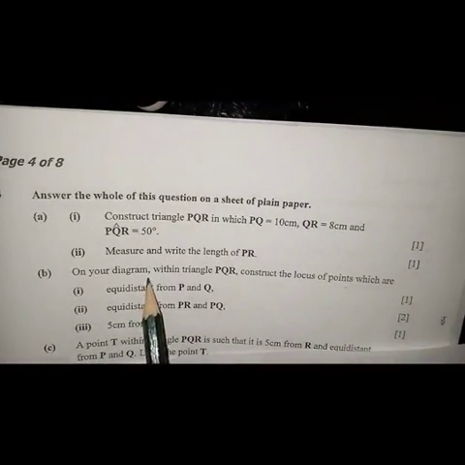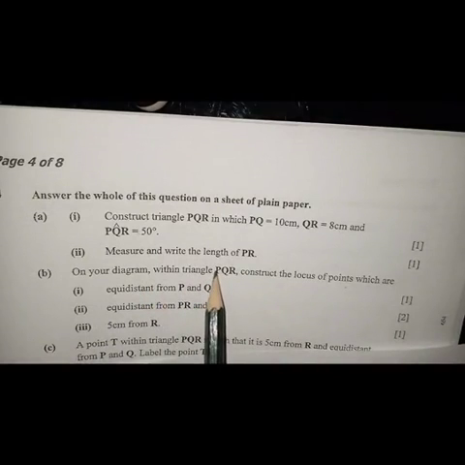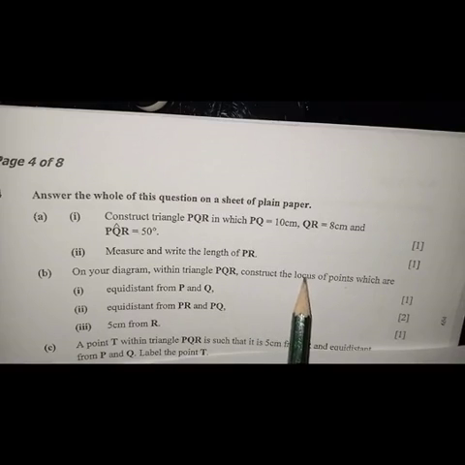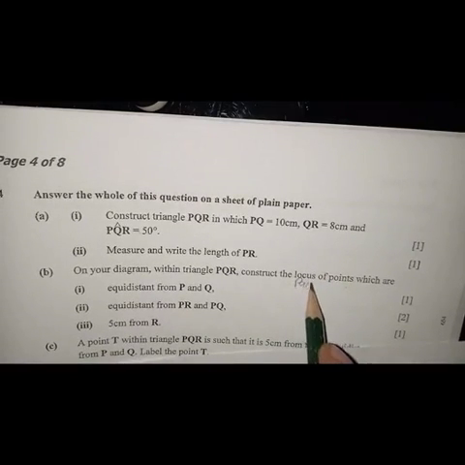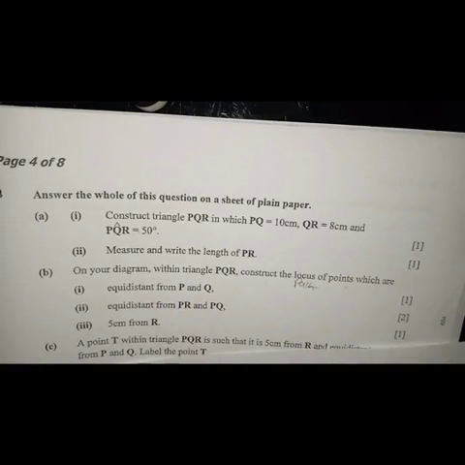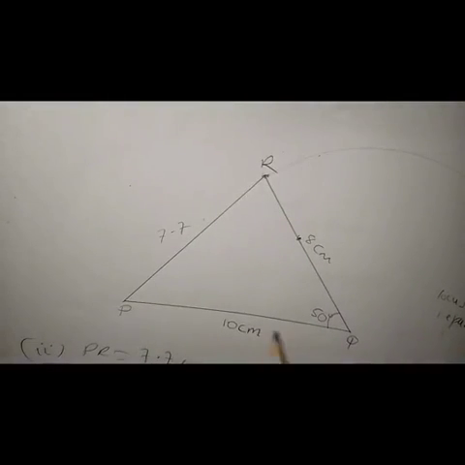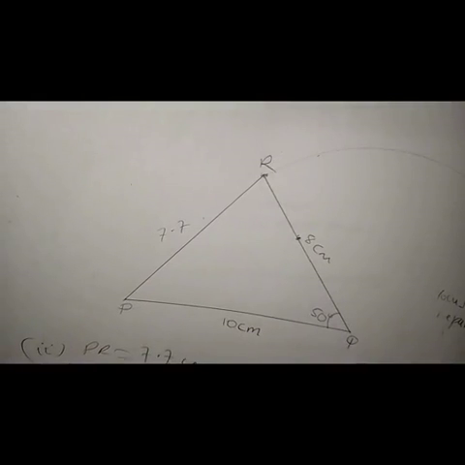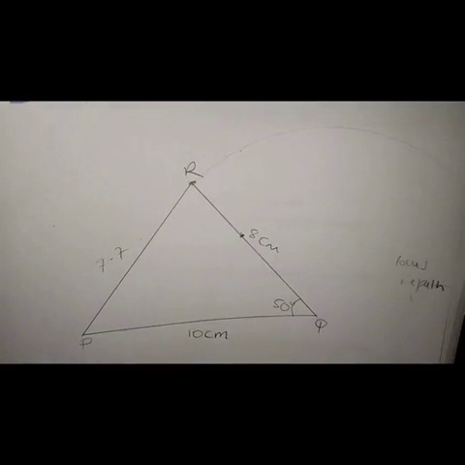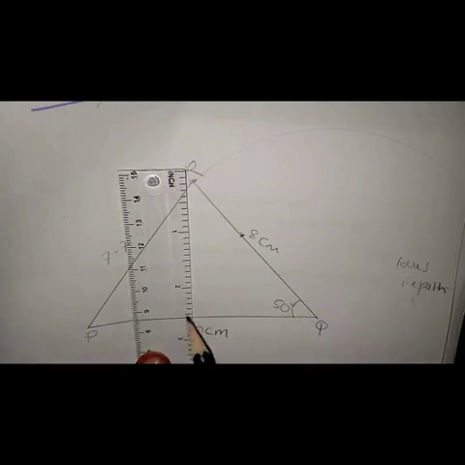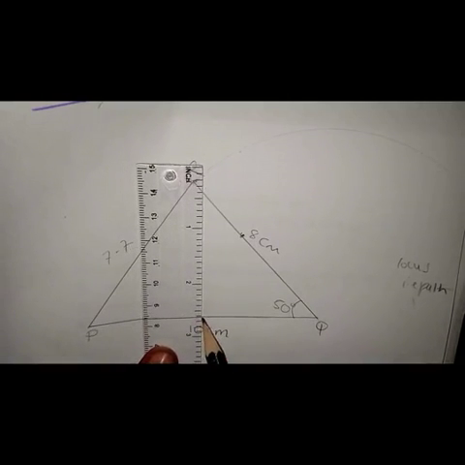So next, B: on your diagram, within triangle PQR that we have been drawing, constructing, construct the locus. Locus means path. Locus of points which are equidistant from P and Q. So P and Q, it means you're going to draw a bisector of P and Q in such a way that there must be a line passing in between P and Q in this manner.